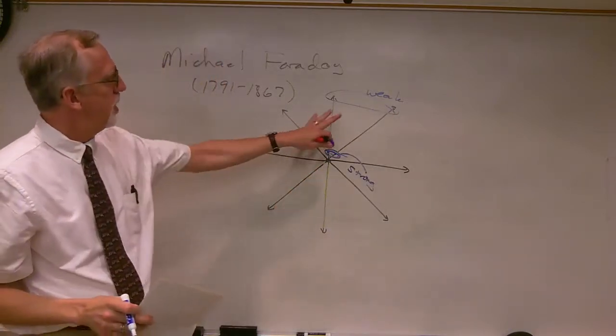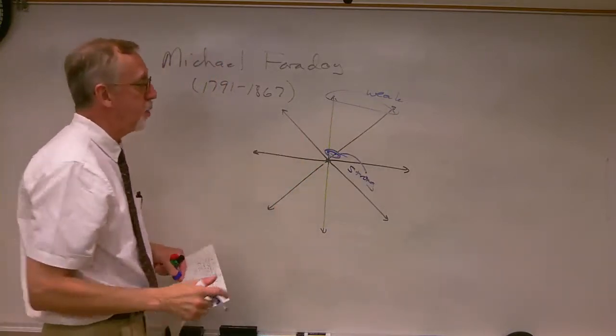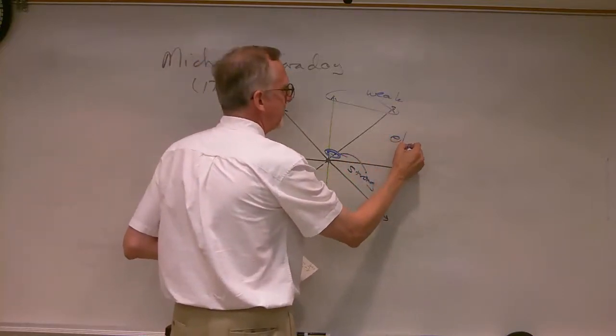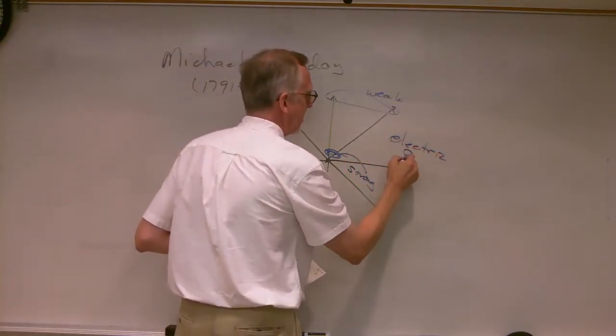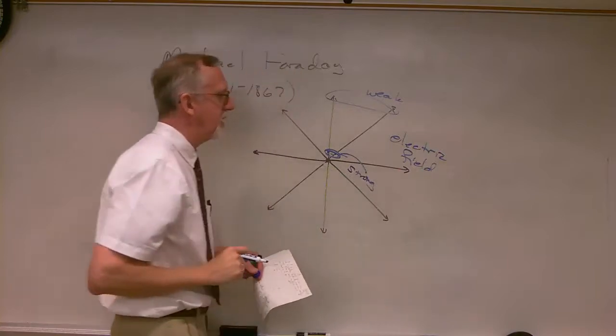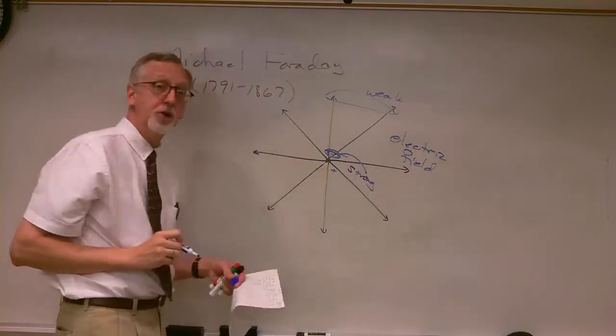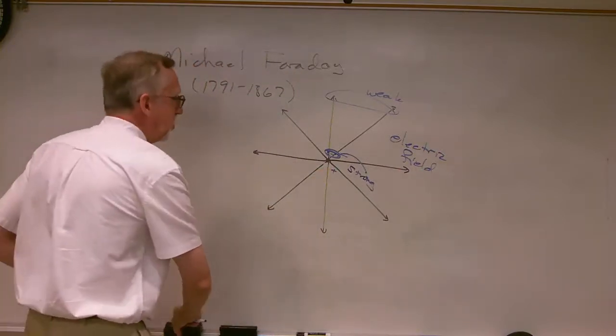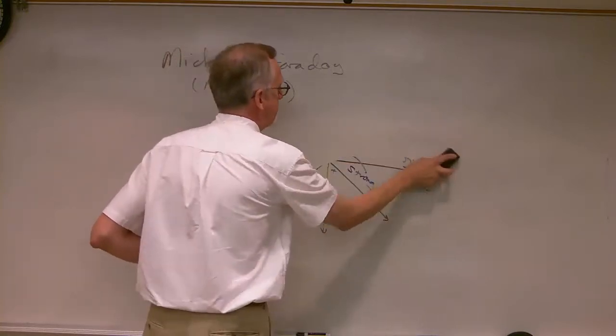All right, there we go. So there is a look at what the electric field looks like for a positive charge. For a negative charge, we would get something very similar.